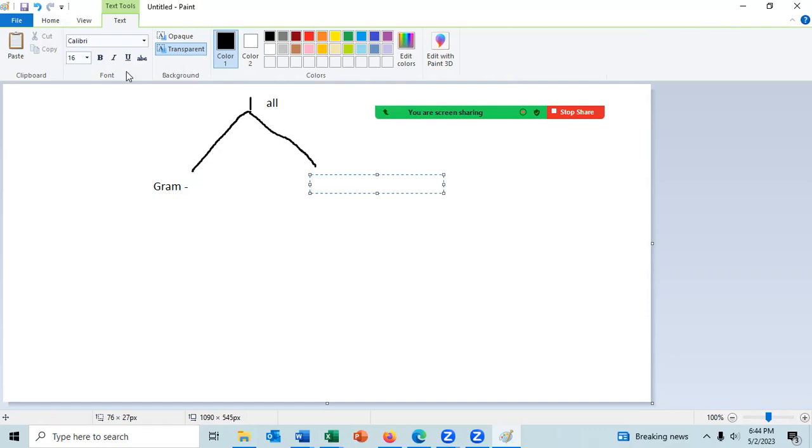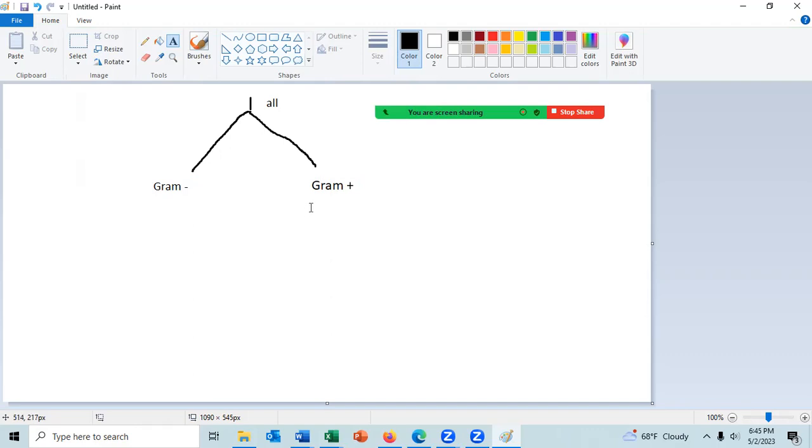Let's blow that up a little. And then we can do the gelatin hydrolysis test, which you're given. And we're going to assume that it's going to be gram positive, so I'll circle that one. We'll circle all.